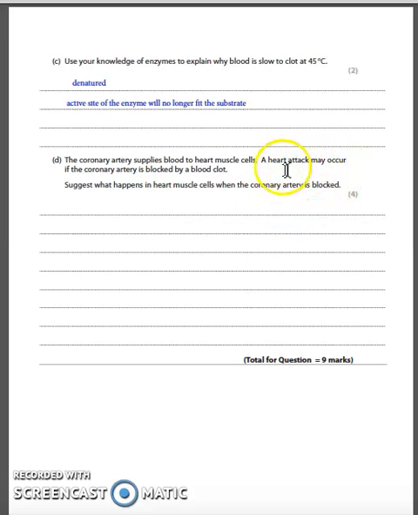We should understand the first thing is that this artery supplies us with blood. So if the artery is blocked, there will be less supply of blood.